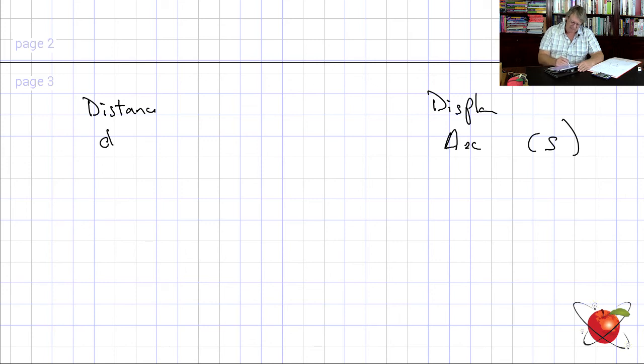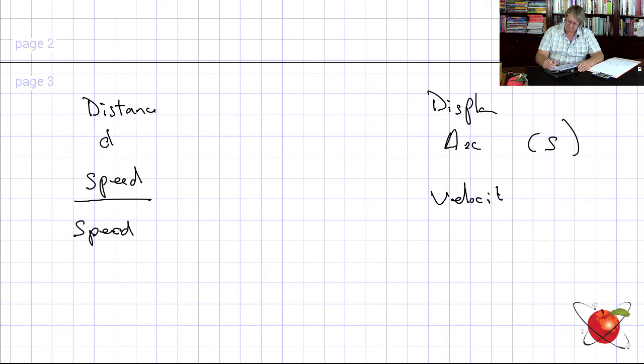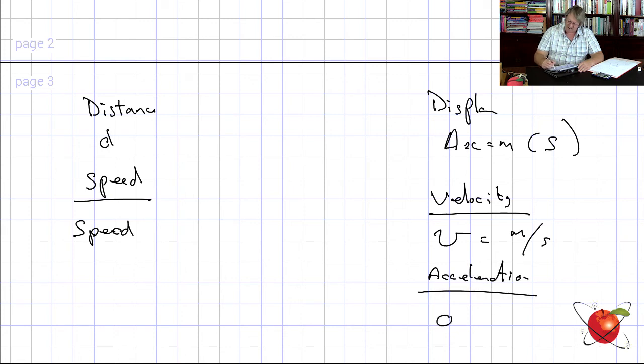Let's now look at speed. Velocity is measured as v, in meters per second. Lastly, acceleration. Acceleration is a, and it is measured in meters per second squared.